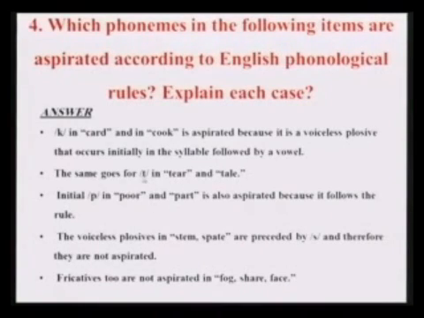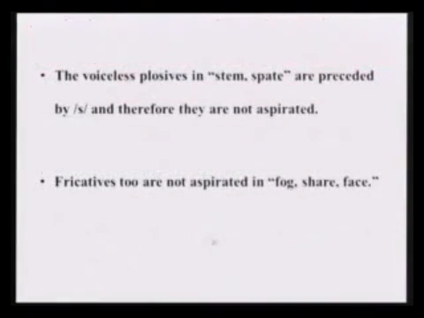You know the rule: if the plosive is in syllable-initial position followed by a vowel, it is aspirated. P in poor and part. But if it is followed by an S, it loses the aspiration. Fricatives are not aspirated. The rule doesn't work for fricatives. It works only for voiceless plosives. Stem and spade are preceded by S and therefore they are not aspirated.